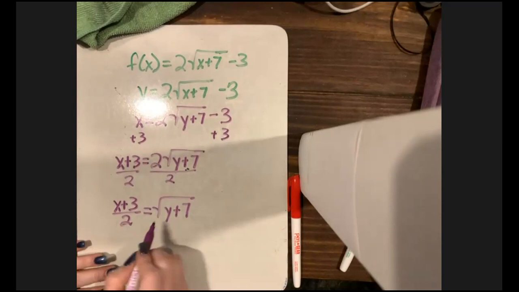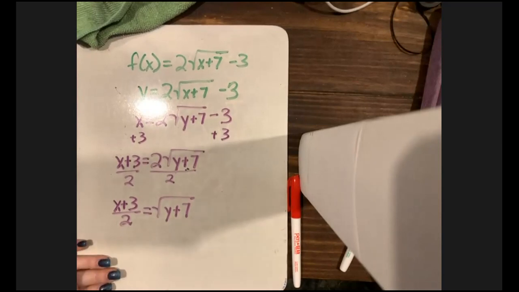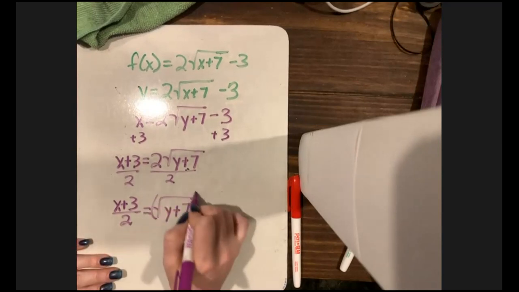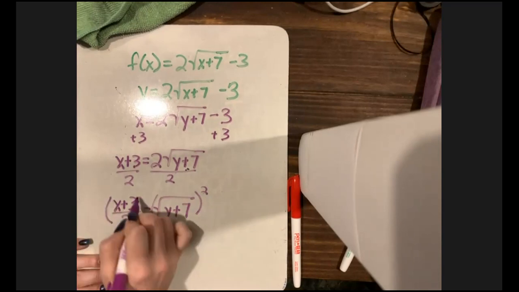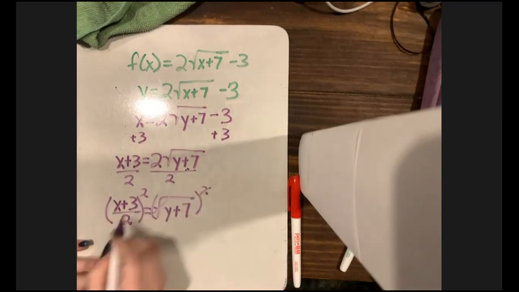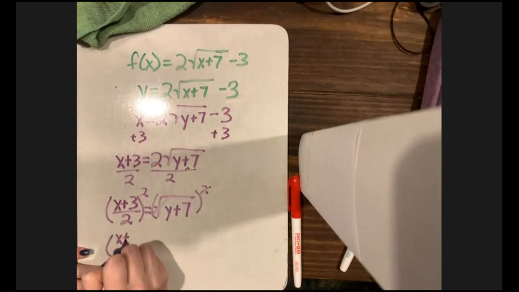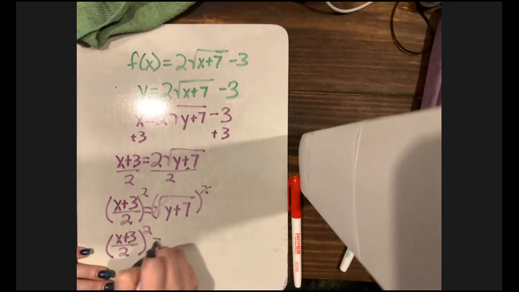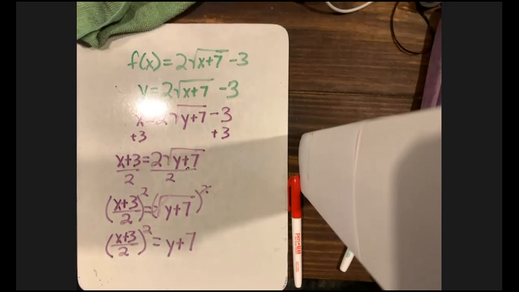Now, next thing is I need to make a square root go away. So we're now going to square both sides. This will go away. Now again, leave this in big, chunky pieces. Do not try and multiply that out and make it some big, long, thick expression. No. Leave it in chunks.